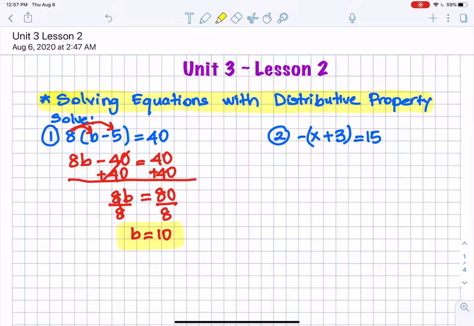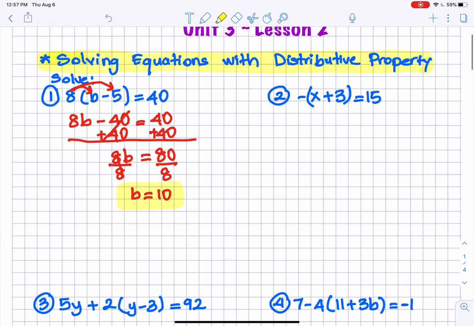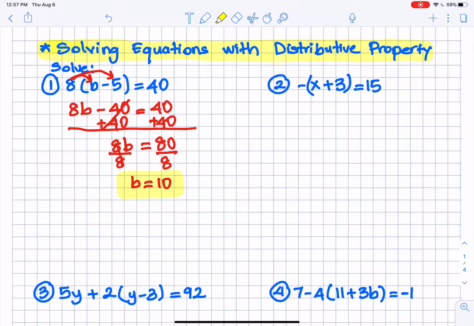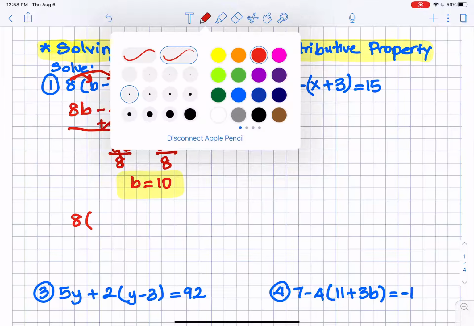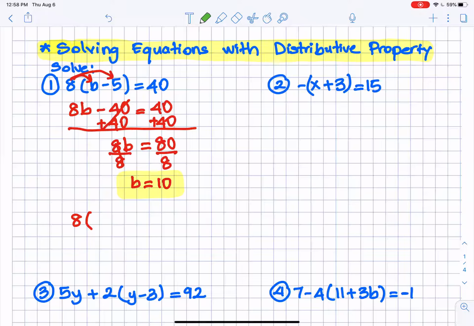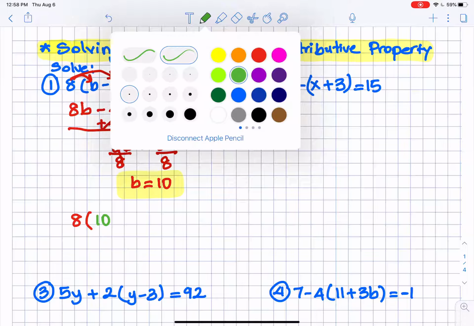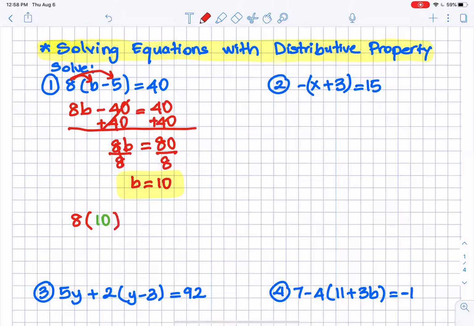Let's check our answer to see if we got this right. I'm going to go ahead and plug in this b as 10 in the original equation. So it's going to be 8 times, and I'm going to use a different color here, 10, minus 5, is it equal to 40?